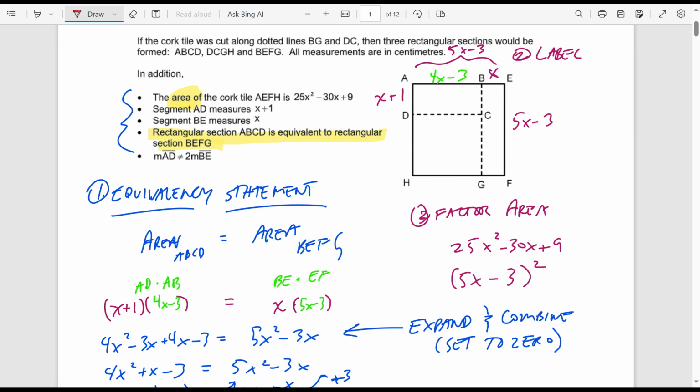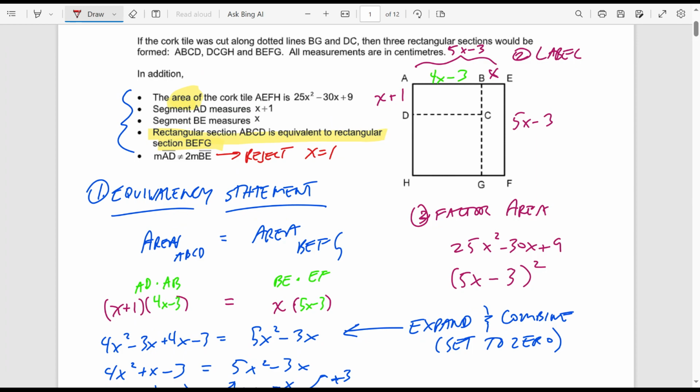I found the numerical value of AD to be 2 using x is 1, and the numerical value of BE to be 1. 2 is equal to 2 times 1, yes. So I would reject that one because that little symbol there is telling me it cannot be. So this is why we reject x is equal to 1, strictly because of that bullet point there and for no other reason.